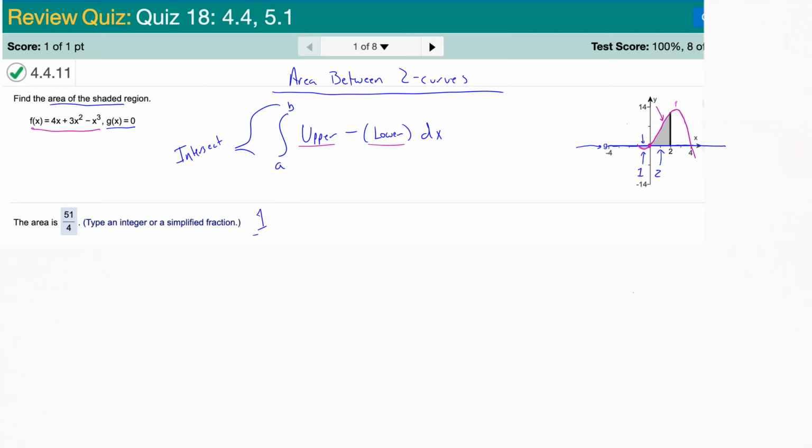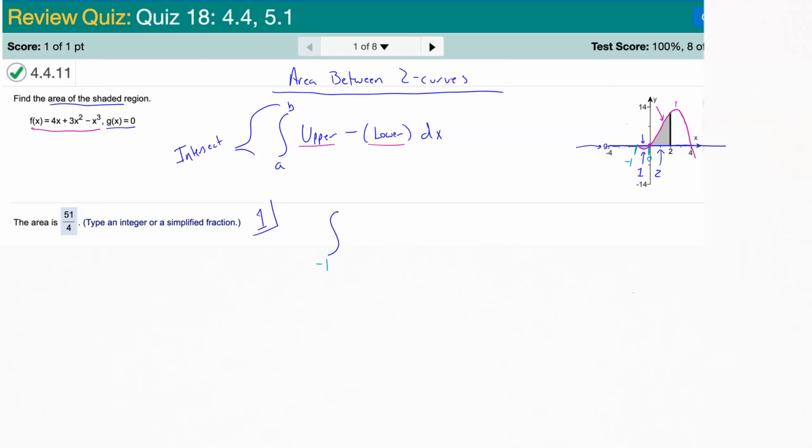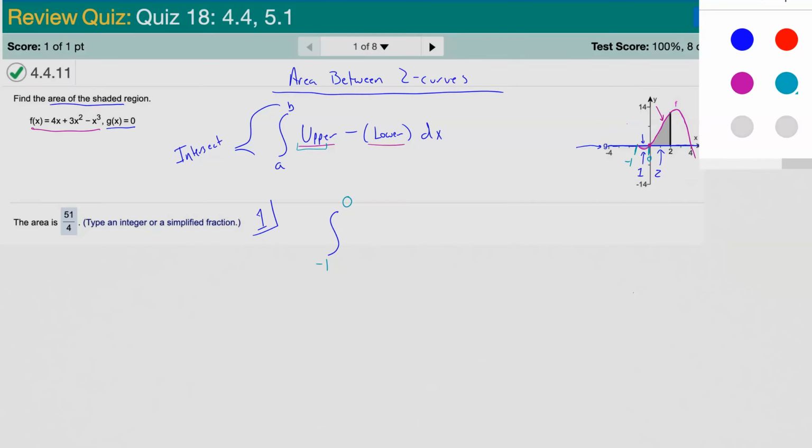Starting with area number 1, we would be doing our integral from where it begins. It's hard to tell on these little graphs, but this would be -1, where they first run into each other, and then 0 is where they run into each other again. So I'd have a lower limit of -1 and an upper limit of 0. My upper equation, the top equation, is that blue line, my g of x equation.